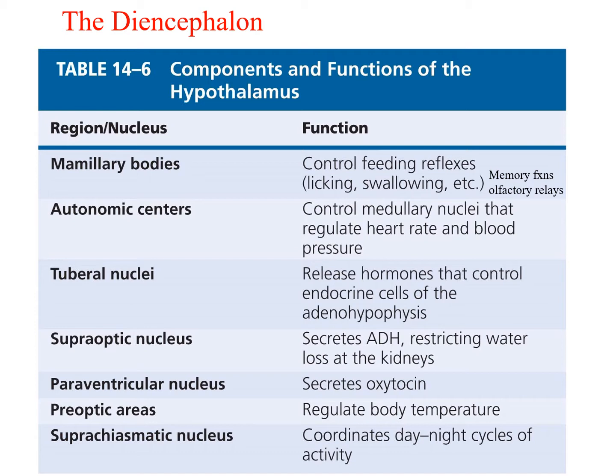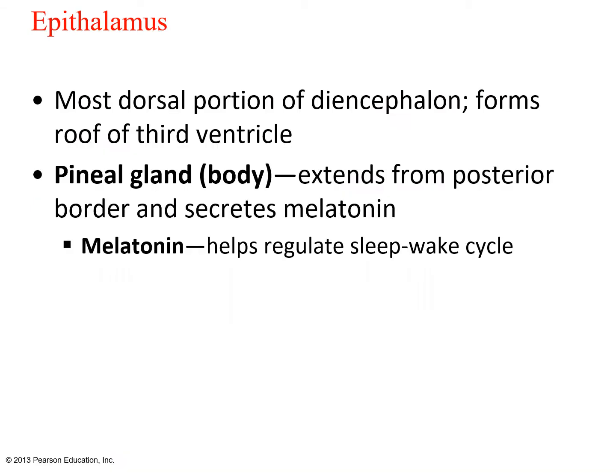The preoptic areas regulate body temperature, and the suprachiasmatic nucleus, again, coordinates day-night cycles of activity. So if you're a night owl or a morning person, you can either blame or give credit to your suprachiasmatic nucleus.